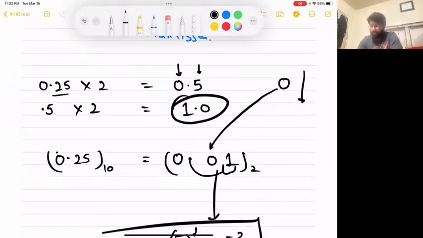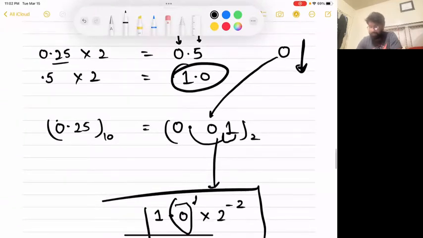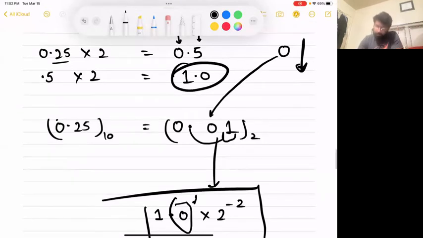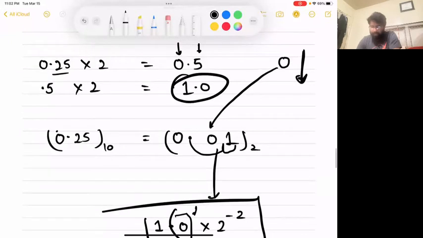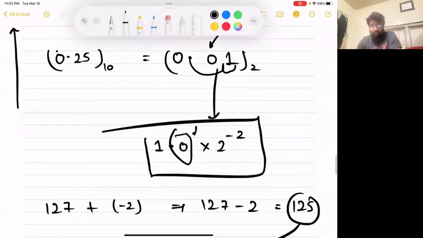Once we get 1, we go down and write the binary form like this. Remember, in the binary form for a regular number, we go from bottom to top, but if it's a point-something number, we go from top to bottom. And then we do the same thing after that.